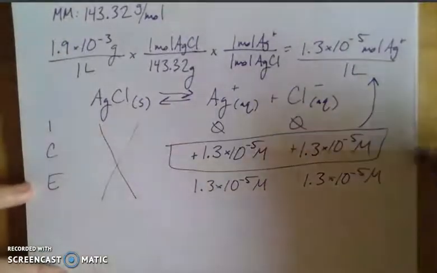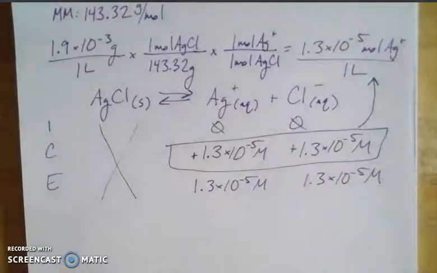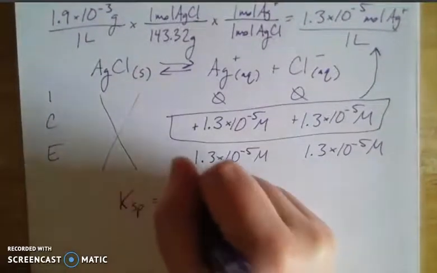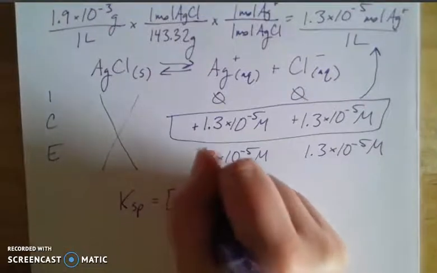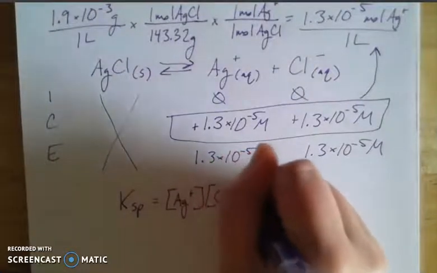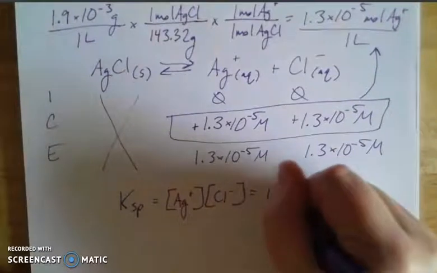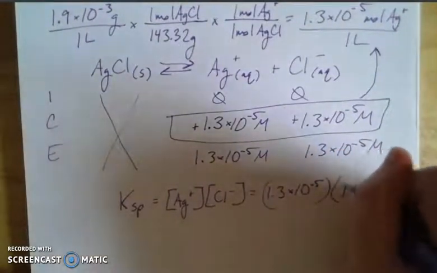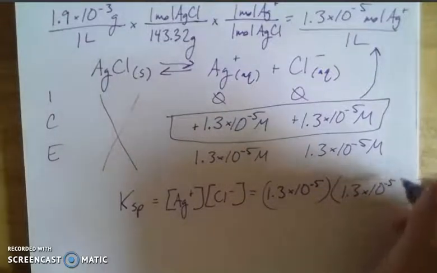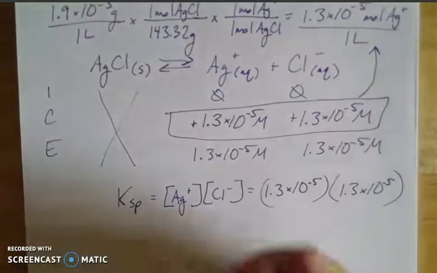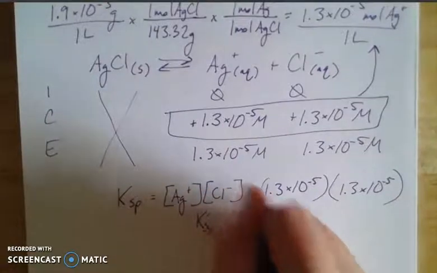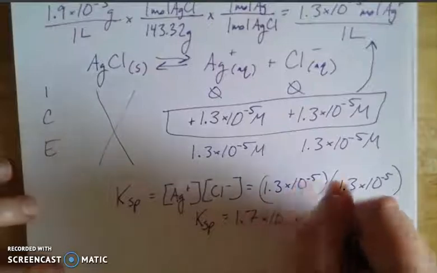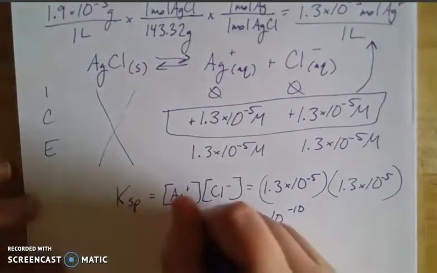But this is just relating it back to the ICE boxes that we've seen before, because now if we set up our expression for Ksp, that's going to be equal to the concentration of silver ions times the concentration of chloride ions, and that's going to be the 1.3 times 10 to the negative 5 squared, essentially. And when I plug in that value and round it to 2 sig figs, I end up with this.